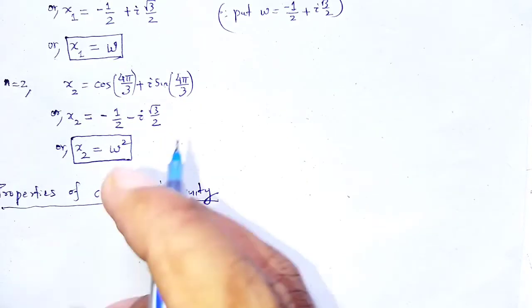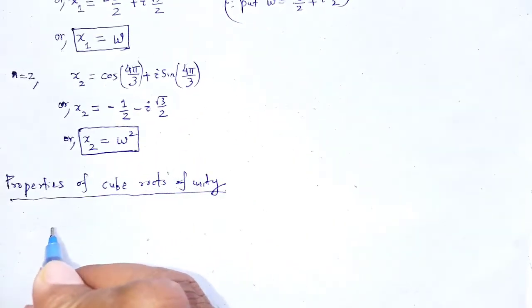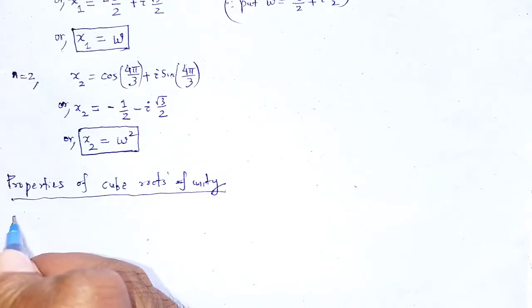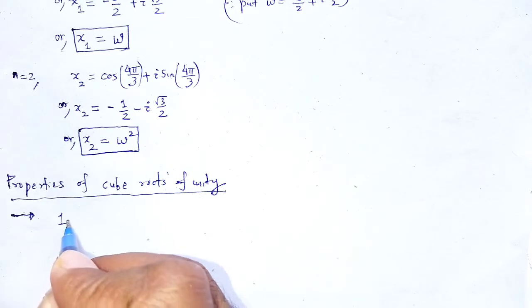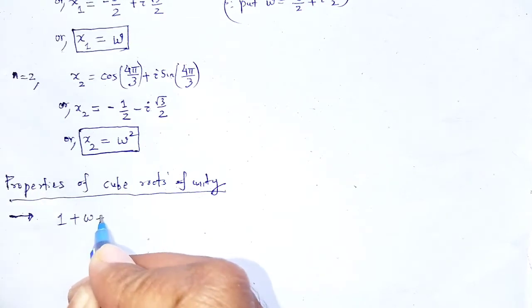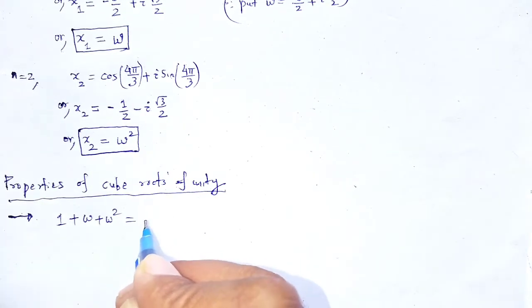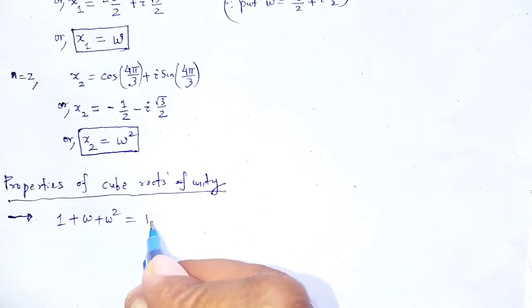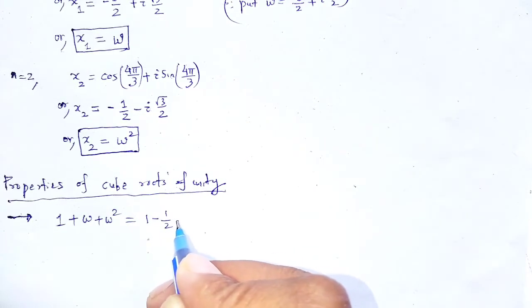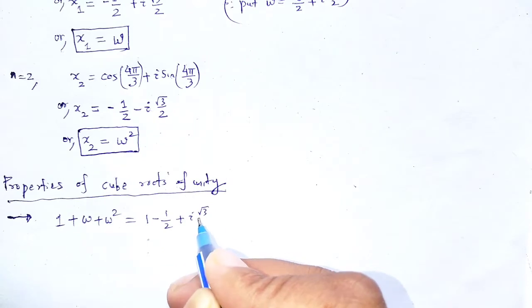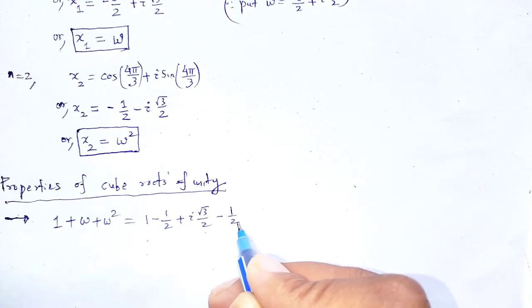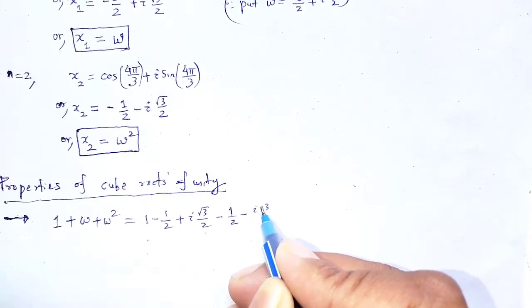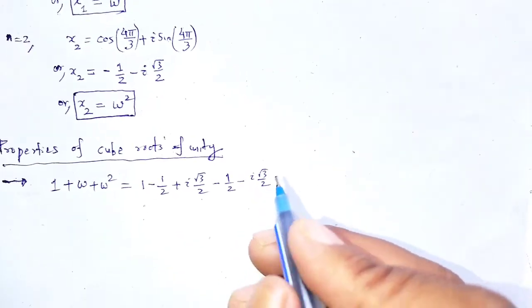When we add these 3 cube roots, 1 plus omega plus omega square, we have 1, omega is minus half plus I root 3 by 2, omega square is minus half minus I root 3 by 2.